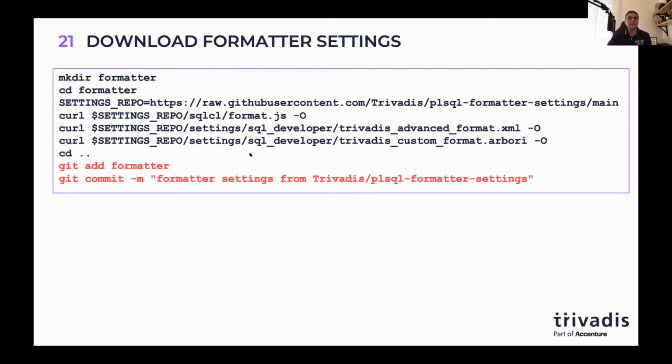So these are basically my settings, and I added this formatter directory and the files contained there to the Git repo, and then I committed it. The next step would be to amend these settings to fit your needs. So probably you will change some settings in the XML file and do a further commit, and then you are ready from the settings perspective.